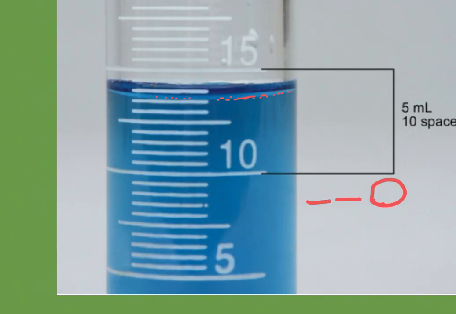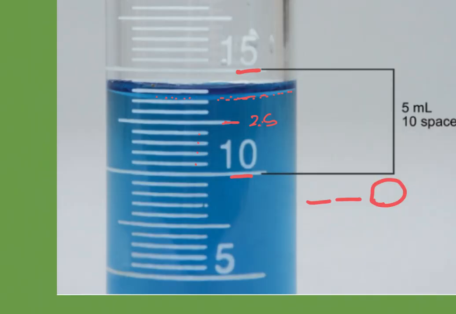So this graduated cylinder goes from 10 to 15. So this is 5 milliliters here. But if you look, there's 10 little divisions in between. So this one here is 2.5, so it'd be 12.5.